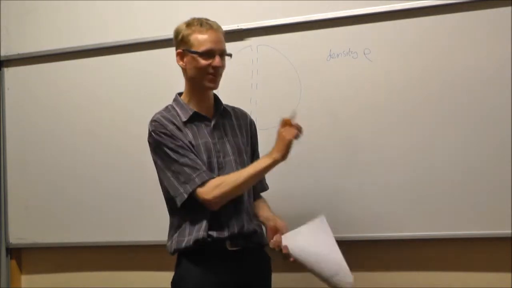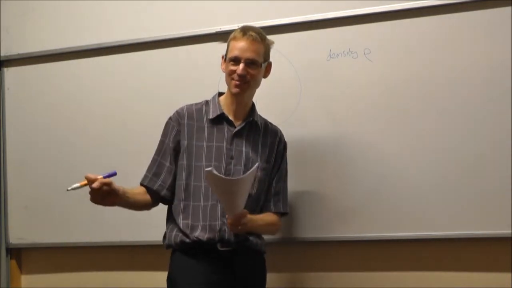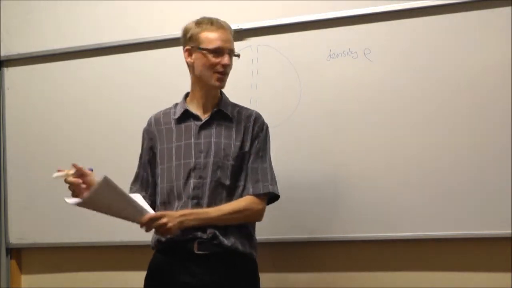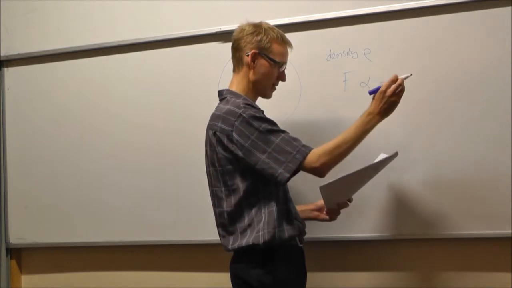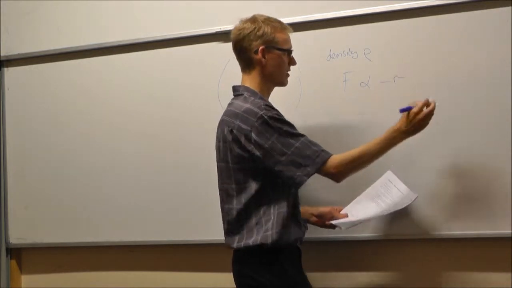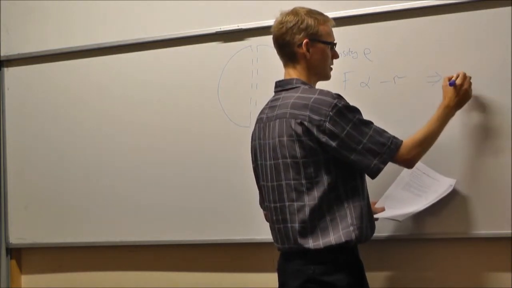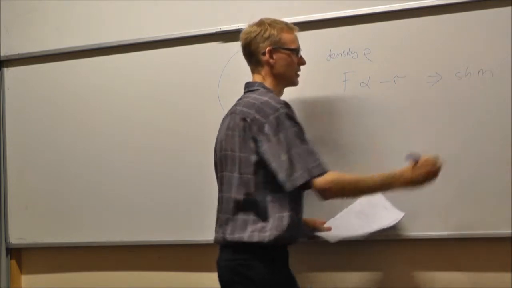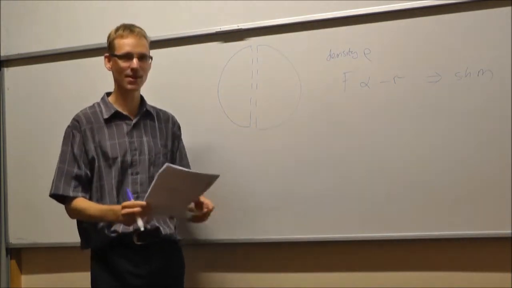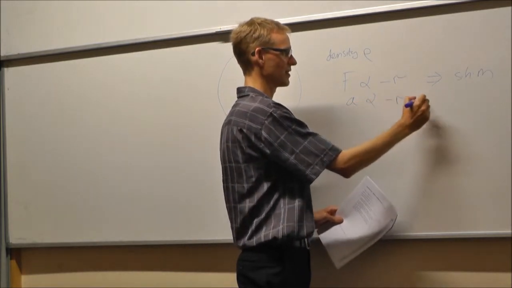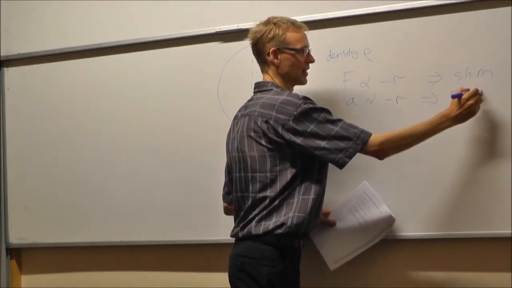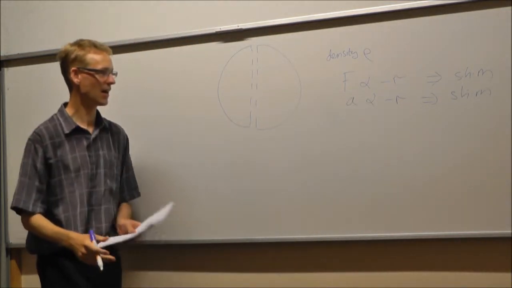That is, if the force is proportional to minus the displacement, in this case we'll call the displacement r, you have SHM. And likewise, because F equals ma, acceleration proportional to minus displacement implies simple harmonic motion.